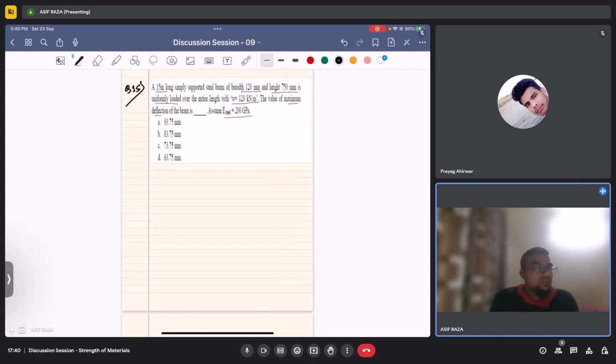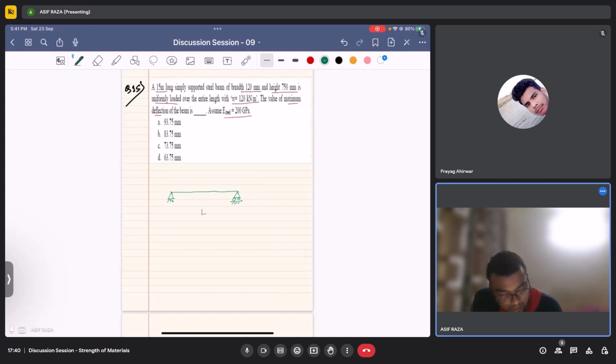So this is similar to what we have discussed. This time we are just putting the values and directly calculating what we need. So first thing first, let's draw what is my system. What is the structure provided in this question? It's a simply supported beam.